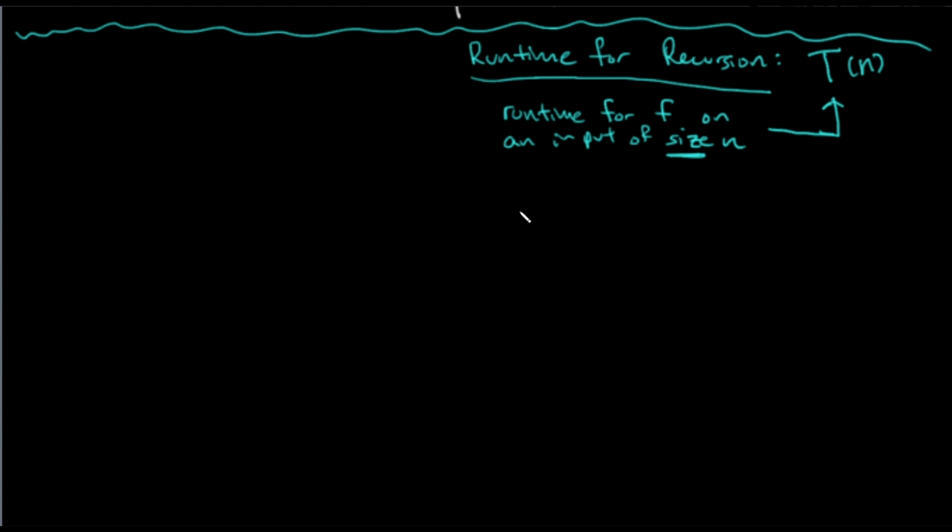And so what I'm going to say is that the runtime for recursion, this big T of n, is made up of 3 parts.